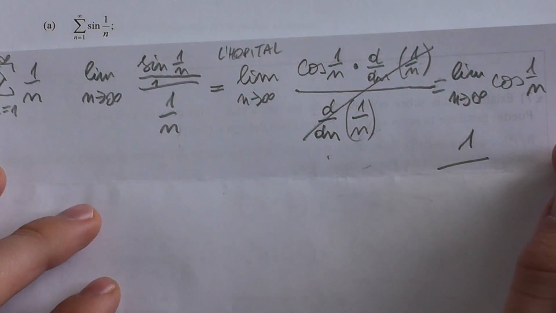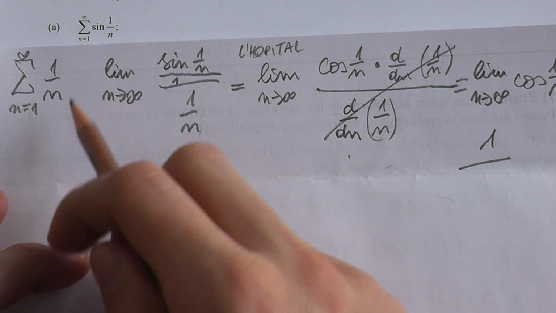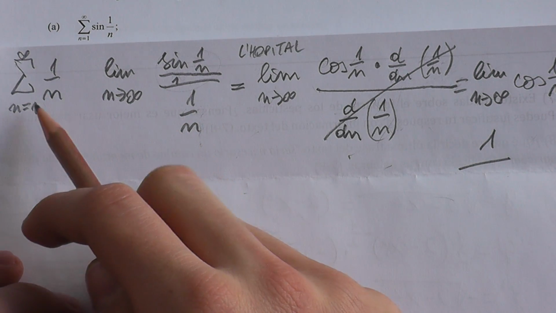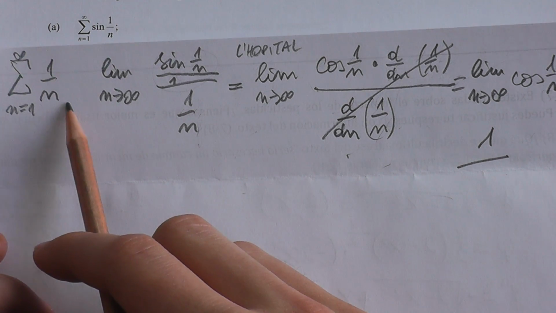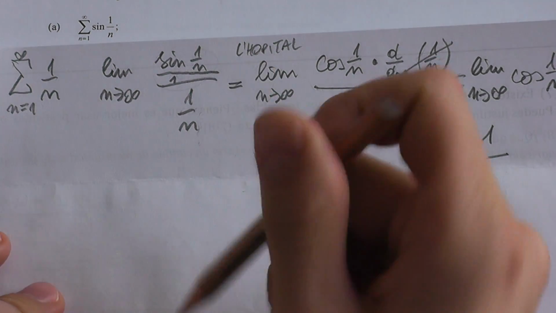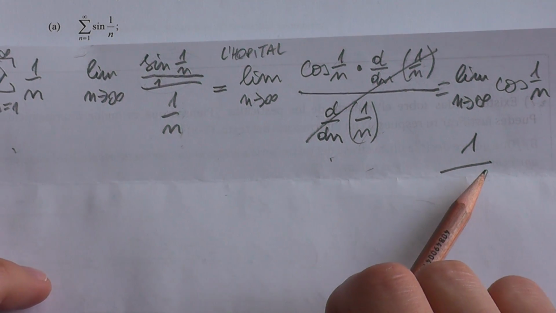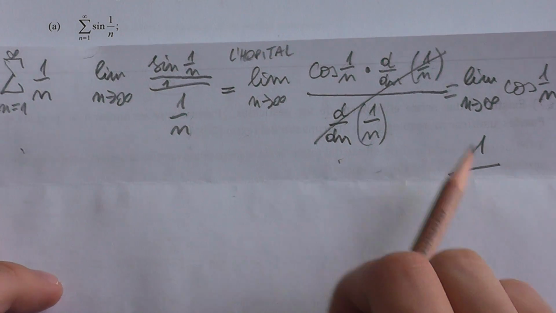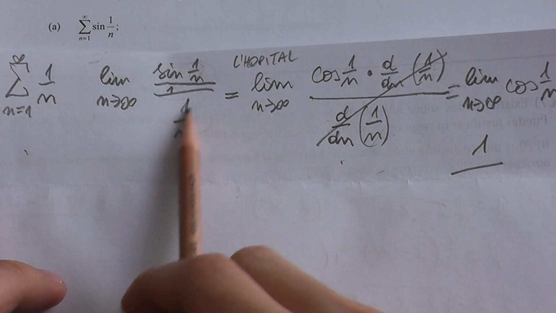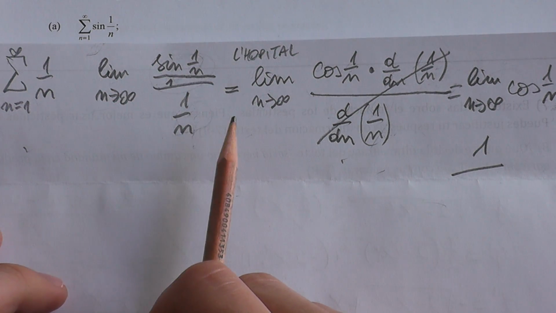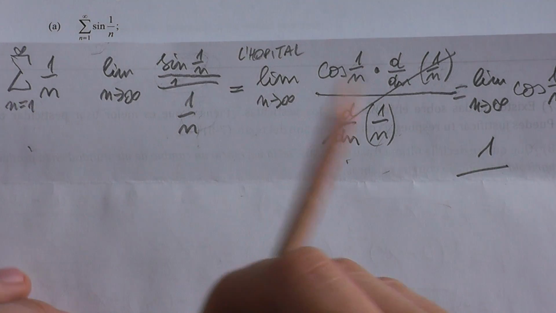Therefore, you can conclude that since this series diverges, and we know that it diverges because it is a harmonic series, sorry, series, then by limit comparison test the given series diverges as well, because if you get a finite and positive number as your answer to the limit as n approaches infinity of the original function divided by the function you're comparing the original function to, then a finite and positive answer will tell you that if one is divergent, then the other one is divergent.